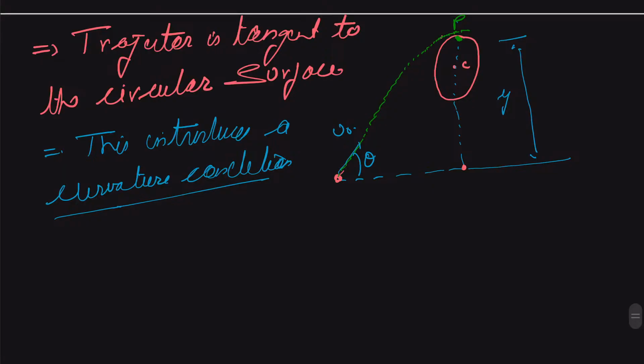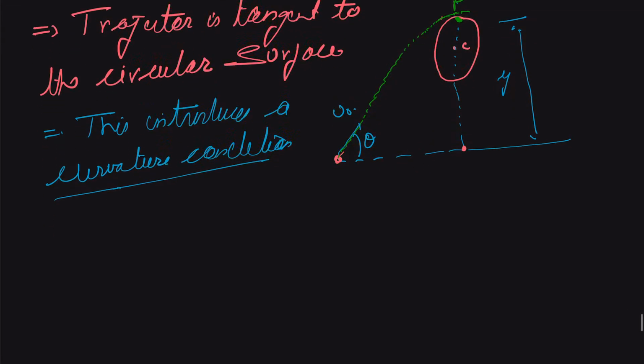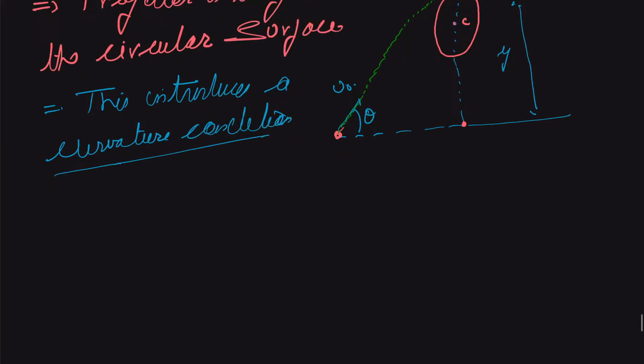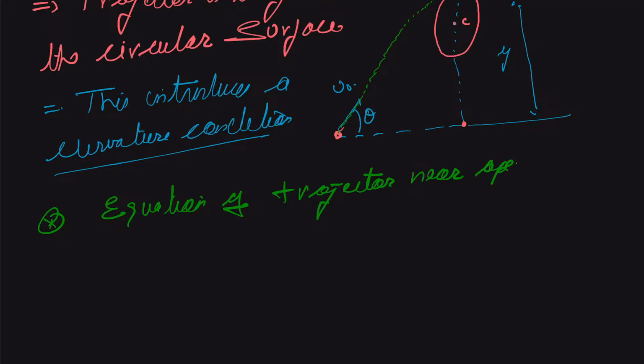So let us find the equation of trajectory near the apex point, that is our P. So we can say equation of trajectory near apex.